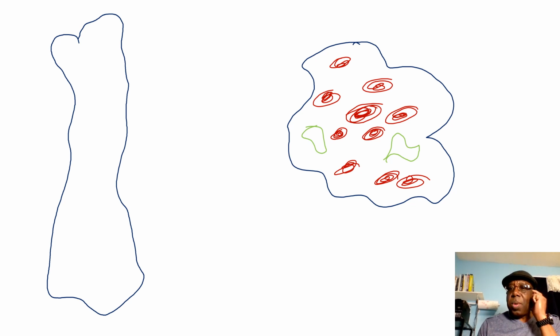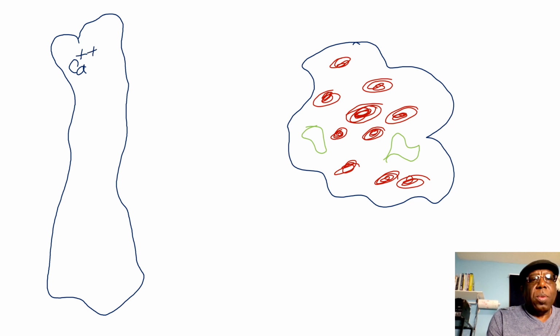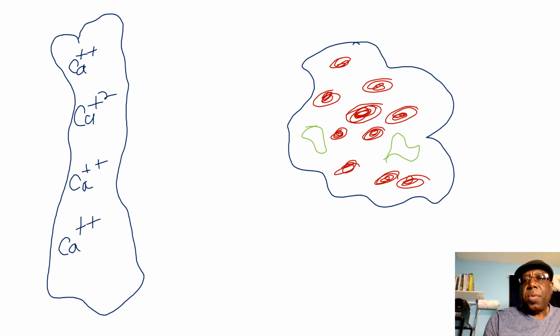And I am going to put some calcium ions over here. And this could be written either as plus, or you can also write it as Ca 2 plus as well, indicating that these are actually calcium ions. Put some over here too. So calcium ions in the blood.